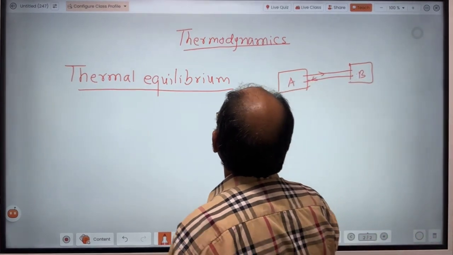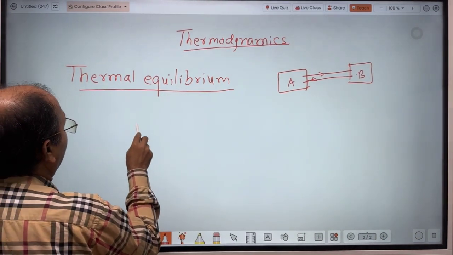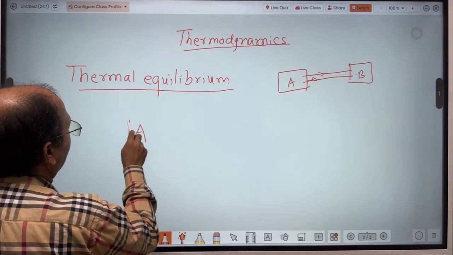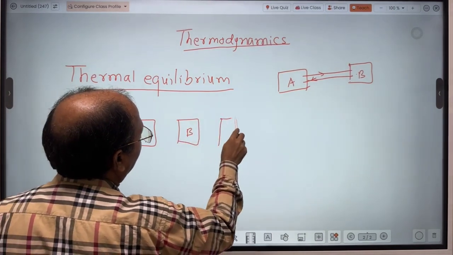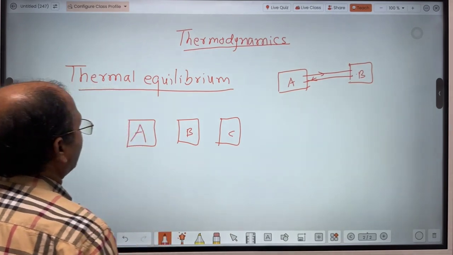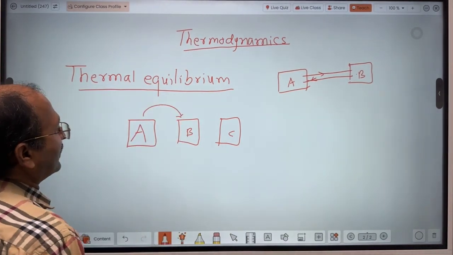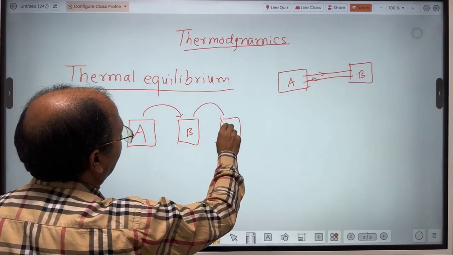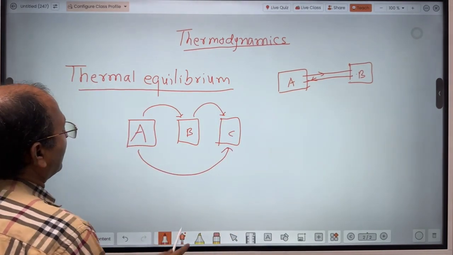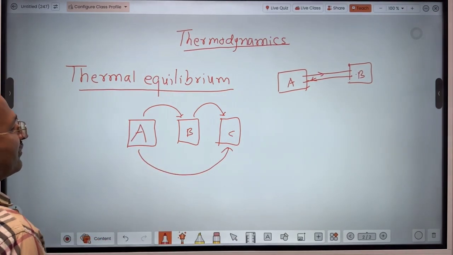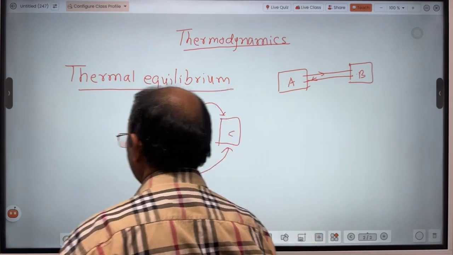So from here, we are able to predict that if body A and body B and body C are taken in such a way that body A is in thermal equilibrium with body B and body B is in thermal equilibrium with body C, then body A will also be in thermal equilibrium with the body C. So this is called zeroth law of thermodynamics.